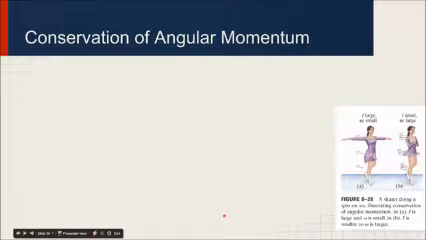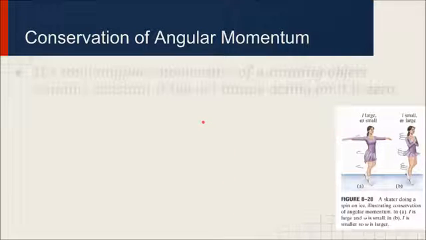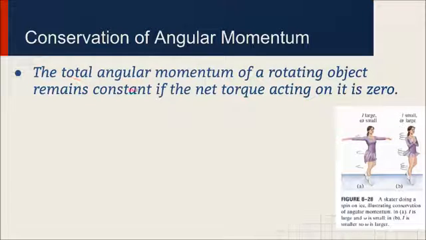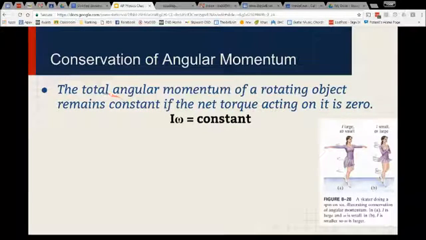So just like conservation of energy and conservation of momentum in a linear sense, there's also conservation of angular momentum. The total angular momentum of a rotating object remains constant if the net torque acting on it is 0. So this translates into mathematics as the angular momentum, I omega, is constant.